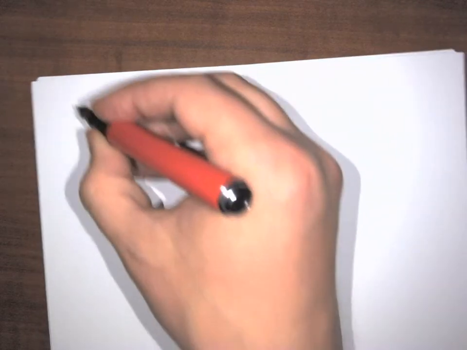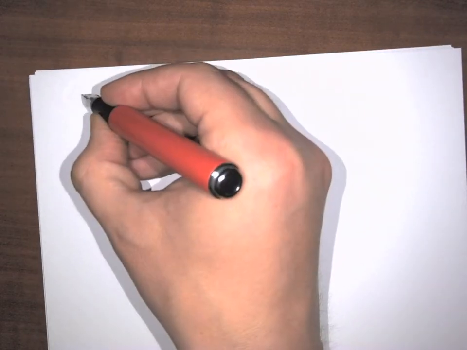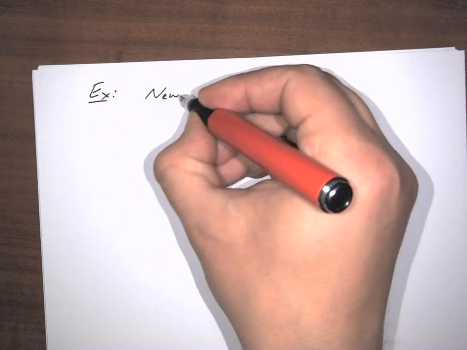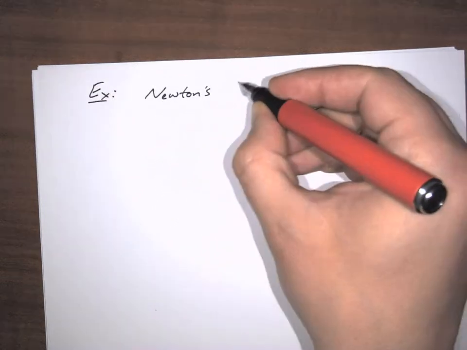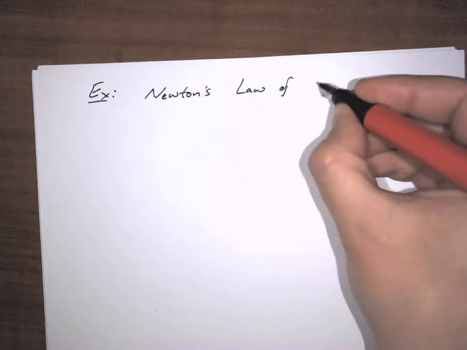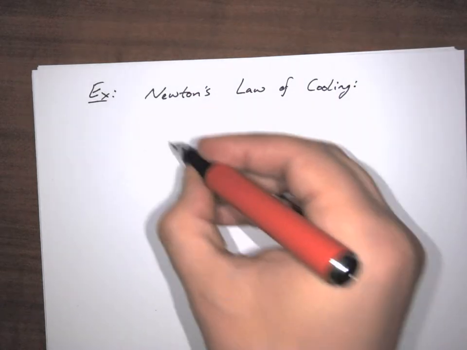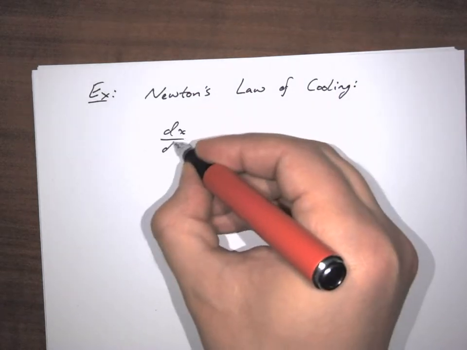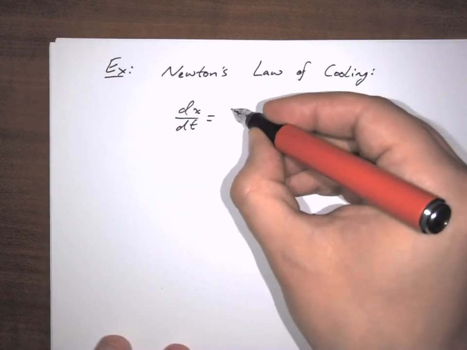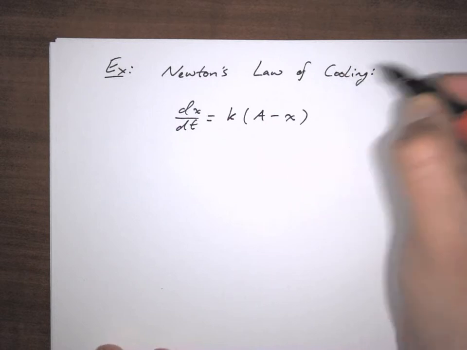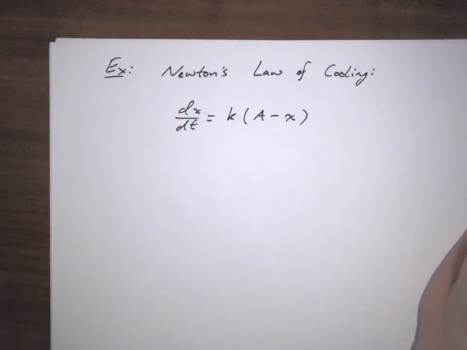Now an example more specifically here would be something like one from our catalog of examples of ODEs. We could do Newton's law of cooling, where we could have dx dt is equal to k times a minus x. So this would be one way of formatting it.